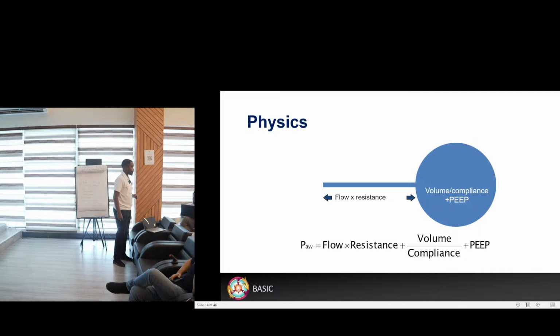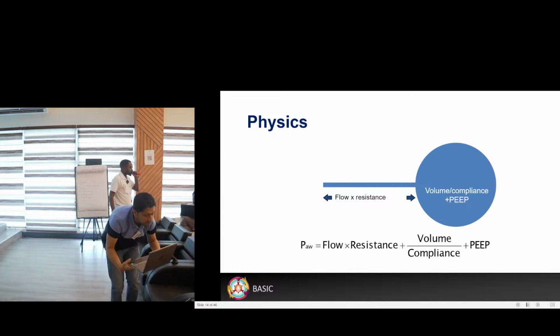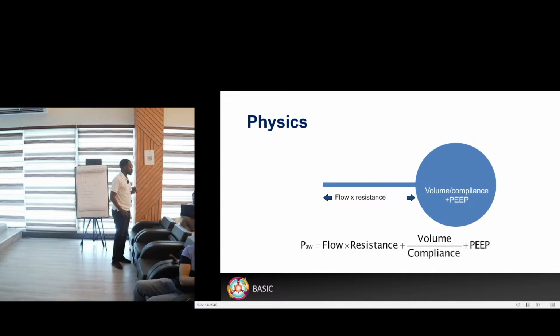So there is a ventilator, there is the resistive component, and there is an elastic component. In the beginning, I'm using this pressure. But then as time goes on, I'm starting to use too much pressure. What's happening? We need to know what the change is.